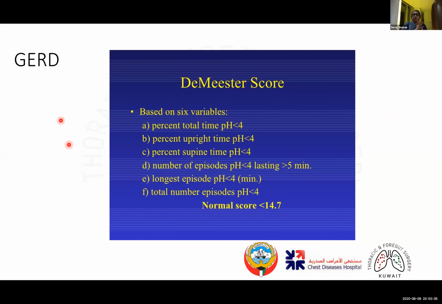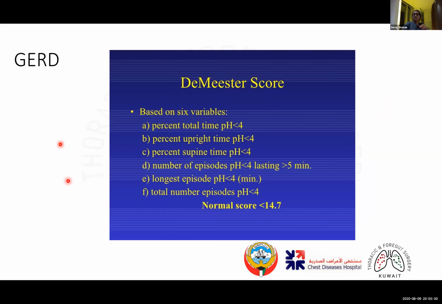Once you collect information, usually we use a DeMeester score to confirm the diagnosis of GERD. This score is based on 6 variables. All of them depend on the pH less than 4. So the presence or the absence, the total number, the longest episodes with pH less than 4.